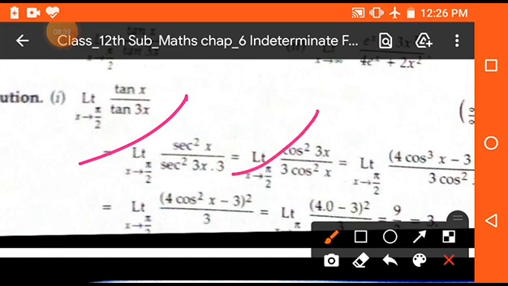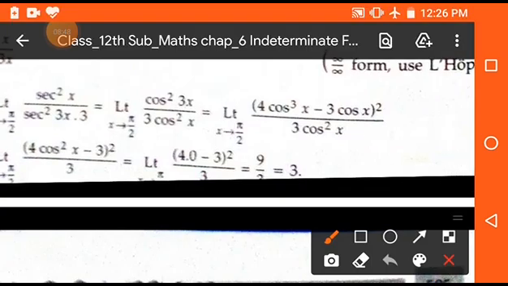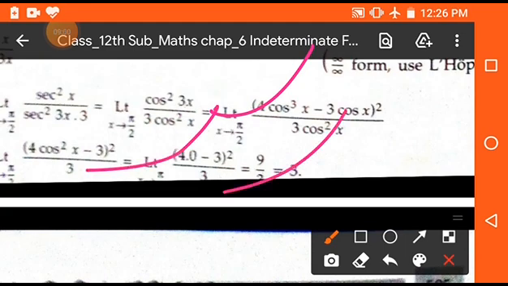Further, we get cos square 3x upon 3 cos square x, converting sec square into cos square. And then we get (4 cos cube x minus 3 cos x) upon 3 cos square x, because it is the formula of cos 3x. Now put the values and the final result will be 3.